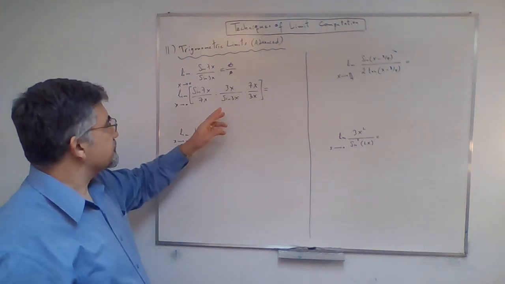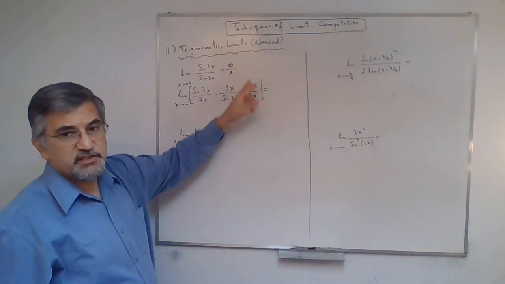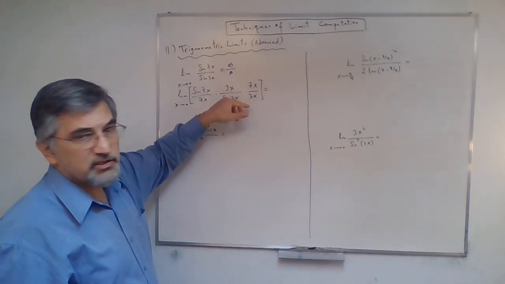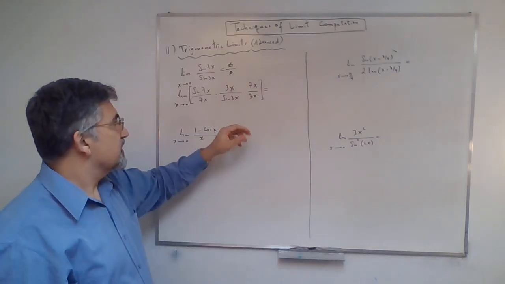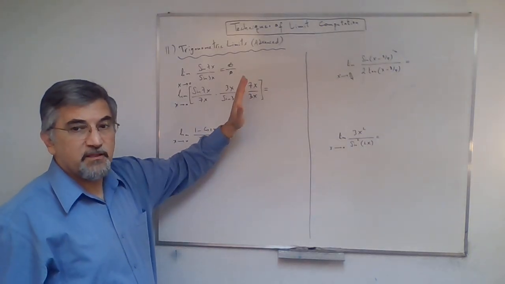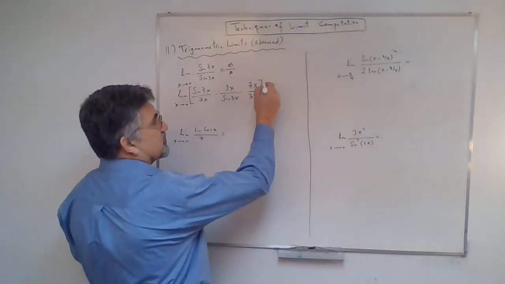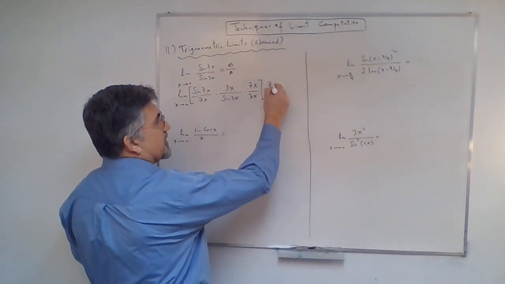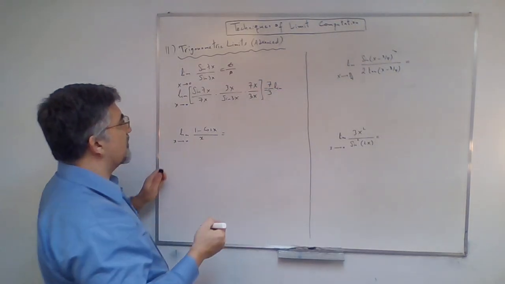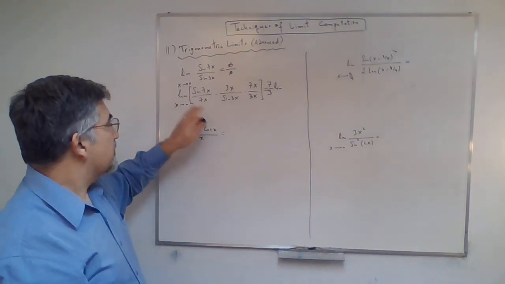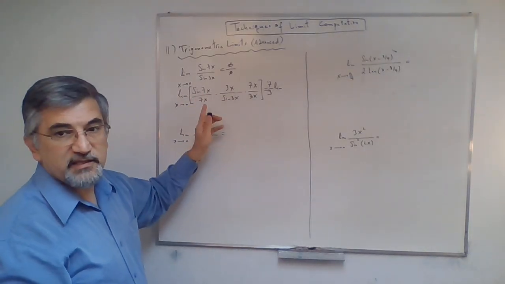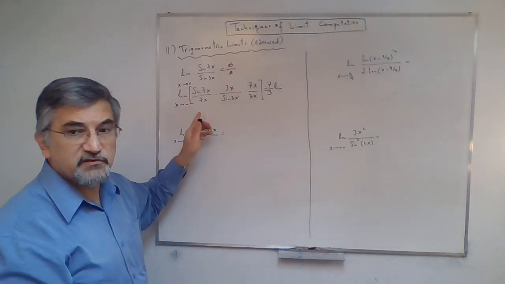First of all, x over x, they cancel out each other. We end up with a fraction of 7 over 3, which is a constant. According to the properties of limits, I can pull this constant out and write it outside of the limit. So it's going to be 7 over 3 times the limit of the leftover, but the leftover is a product, and the limit of a product is equal to the product of the limits.